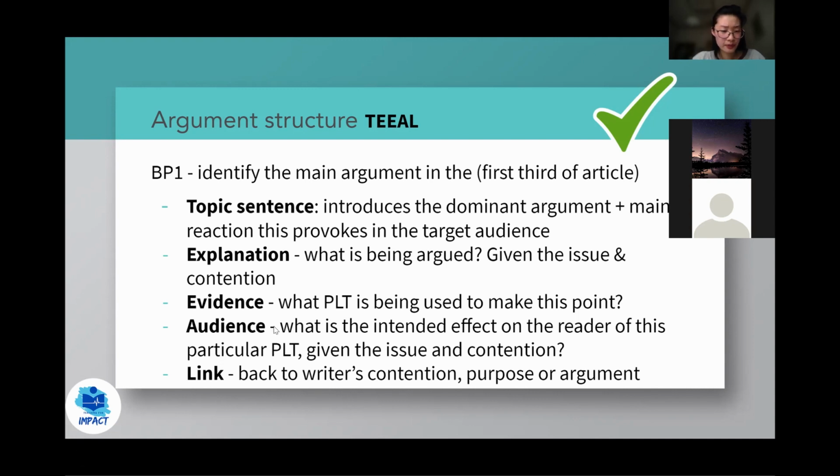So this is the audience. And we'll see some more examples of this later on. Okay. And then finally, we round off our paragraph with a link back to the author's contention, purpose, or argument.